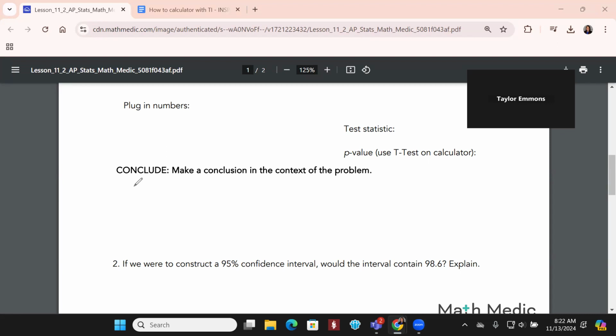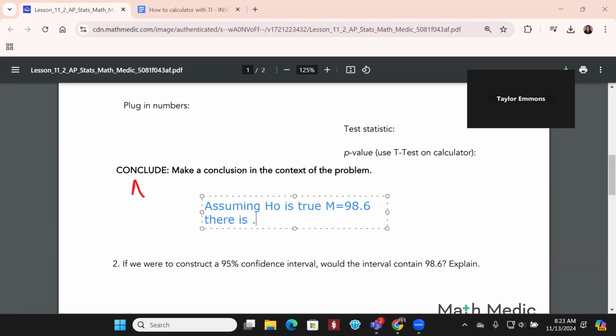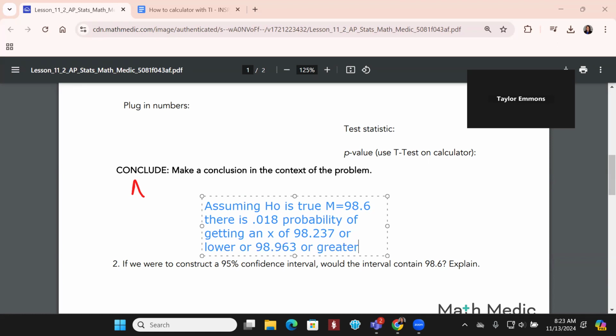Assuming that the null is true, M equals 98.6, there is a 0.018 probability of getting an X bar of 98.237 or lower, or 98.963 or greater, purely by chance, because 0.018 is lower than 0.05.